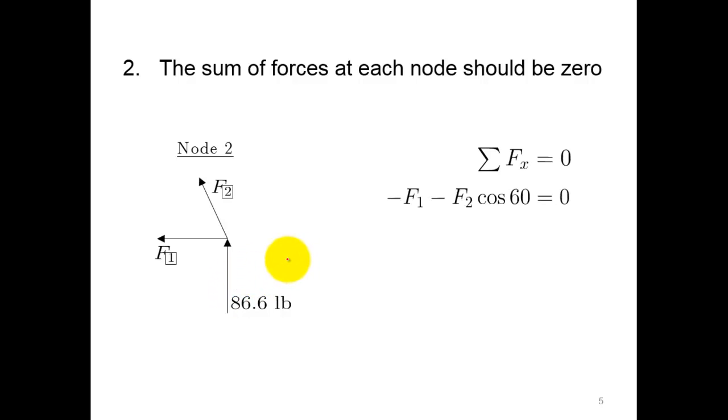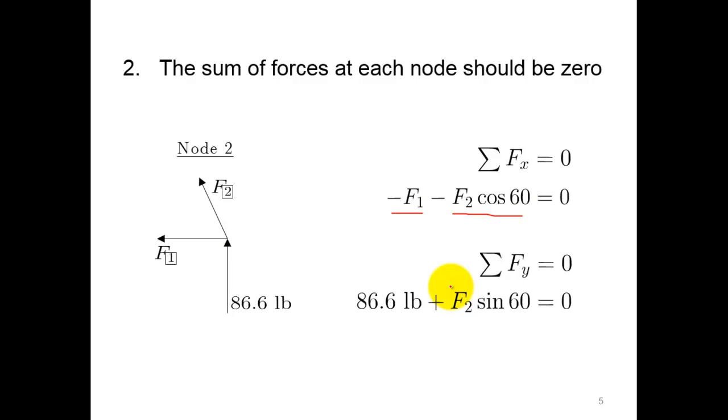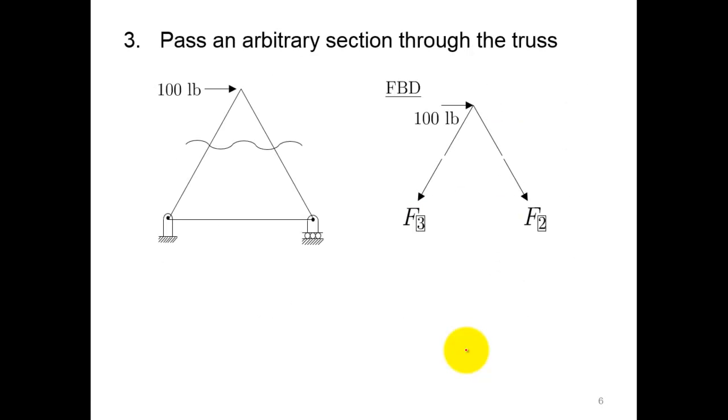Again, sum of the forces in the x direction: we get the force in the negative x direction, so negative force 1 within element 1, and we also have the x component in element 2 going in the negative direction, so force 2 cosine 60 equals 0. Then looking at the sum of the forces in the y direction, we don't have any components for element 1, but we do in element 2, so we can ultimately solve for the force in element 2 and make sure that's what it should be.